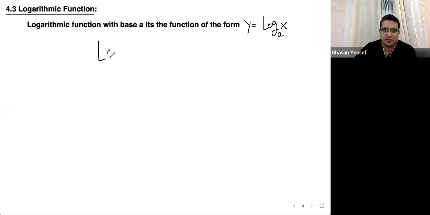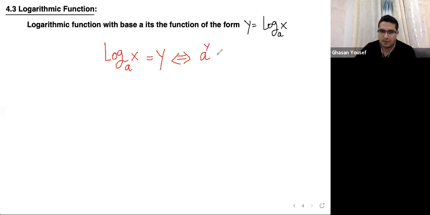Log of x to the base a equals y, and this means a to the power y equals x. a is called the base, and y is called the exponent.